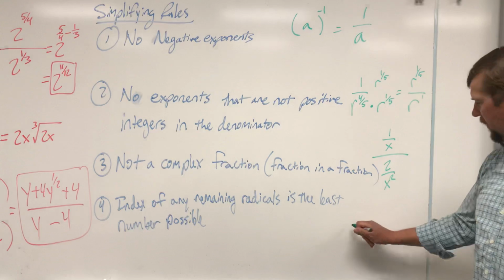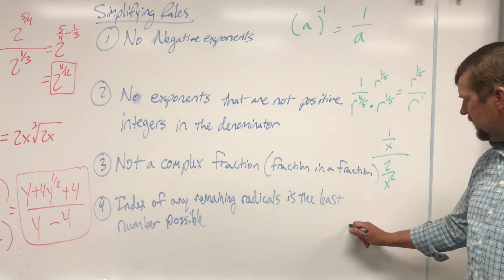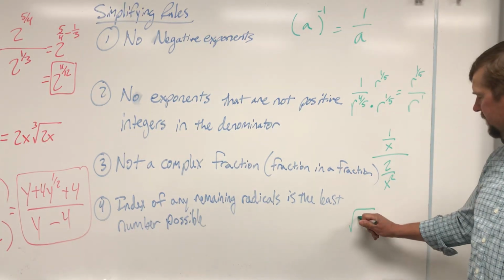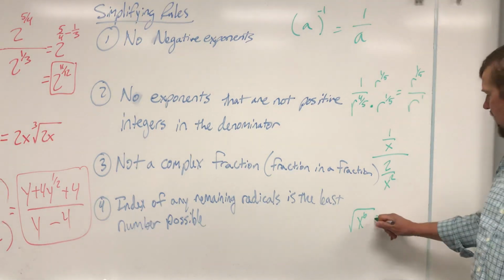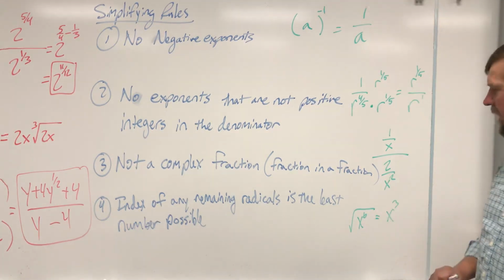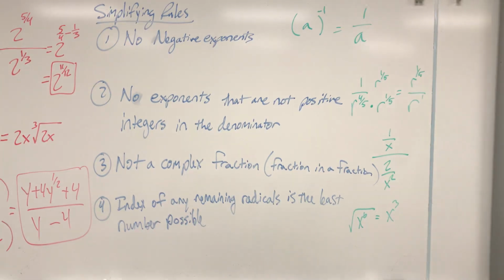So for example, if we had the square root of x to the 6th, we should not have that. We should have x to the 3rd. So the index of the remaining radical is the least number possible.